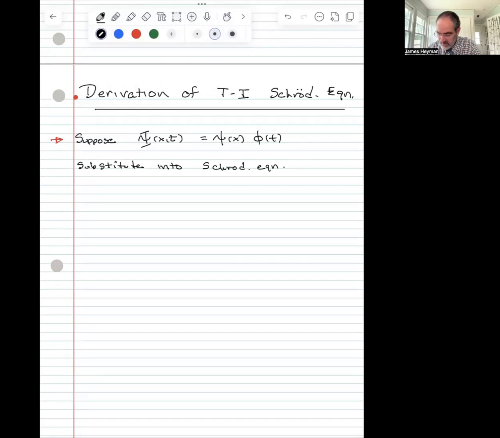We have i h bar times the time derivative of psi of x and t is equal to minus h bar squared over 2m times the second derivative with respect to position of the wave function plus the potential energy times the wave function.